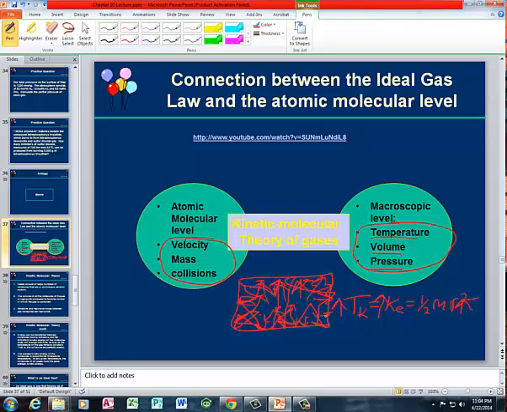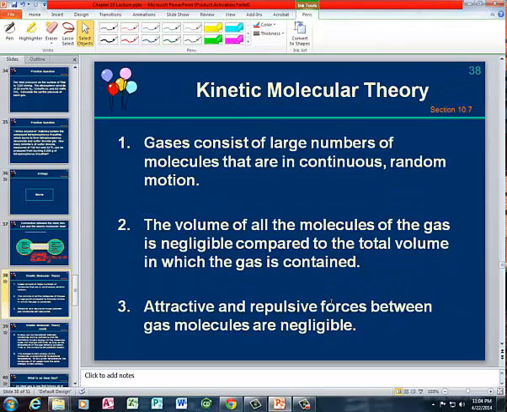So we have an increase in kinetic energy of the collisions, and an increase in the frequency of the collisions with the inside of the container, and that means pressure goes up. All right, so there we go. That's the kinetic molecular theory of gases, guys.